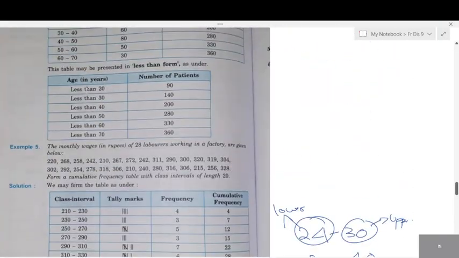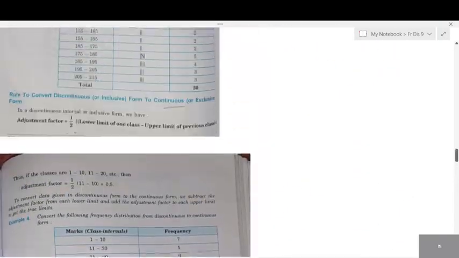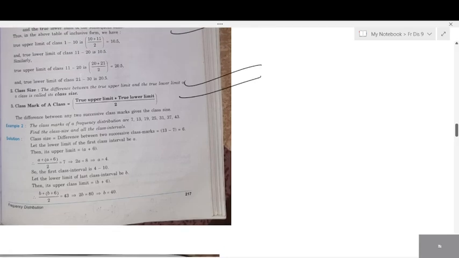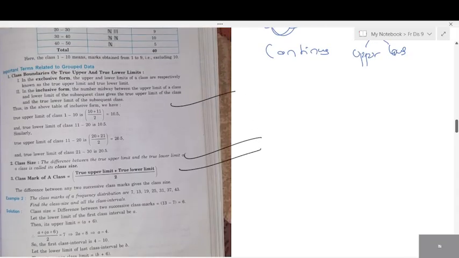Class size. Look here. The difference between two upper limits and two lower limits is called the class size. It's the same. The difference should be 10.